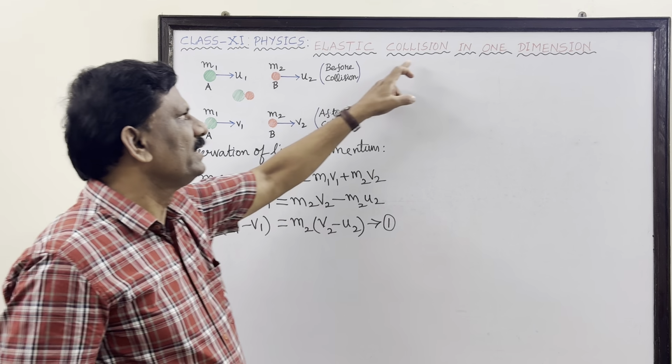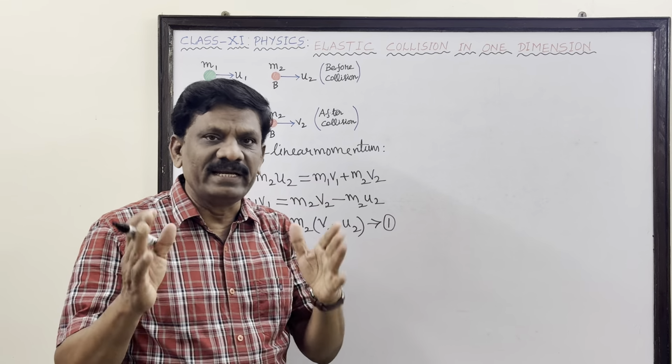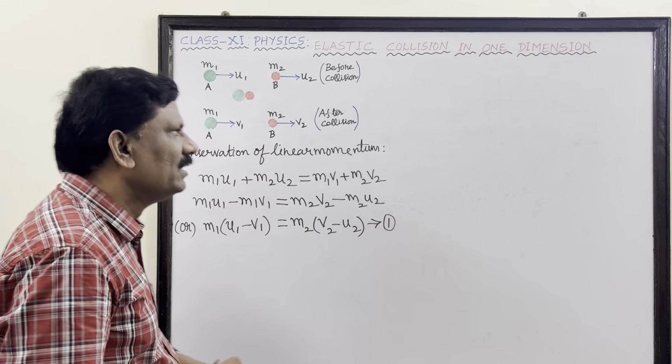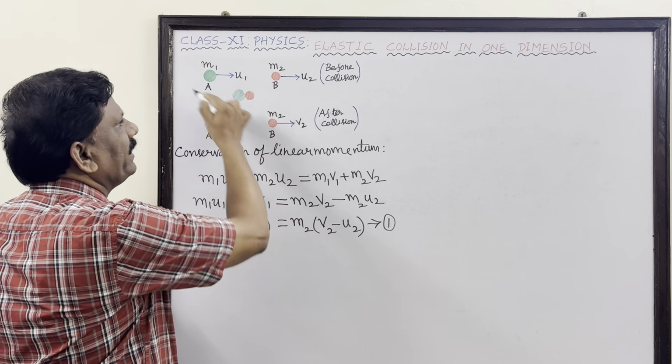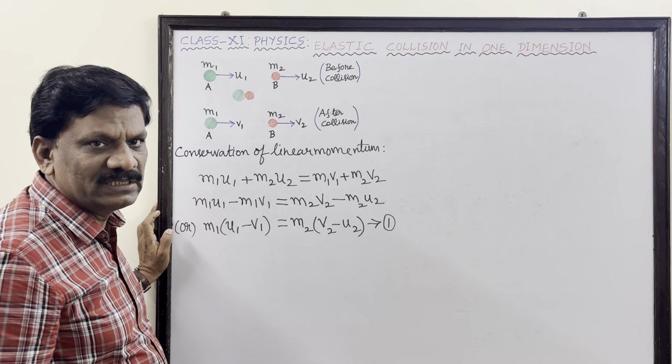Since this collision is an elastic collision, in addition to the linear momentum, its kinetic energy also will be conserved. That means the total kinetic energy before collision must be equal to the total kinetic energy after collision.